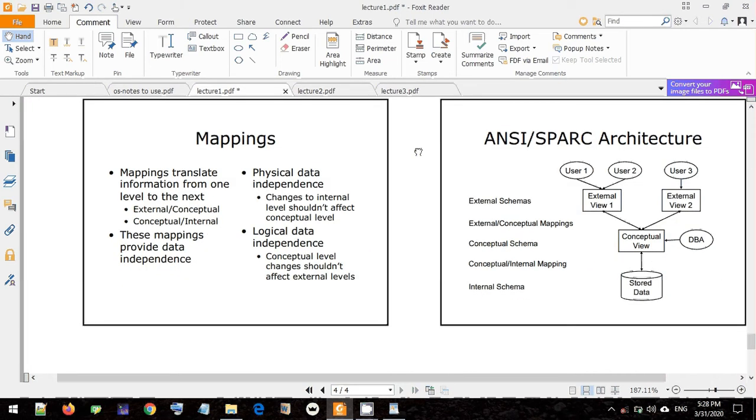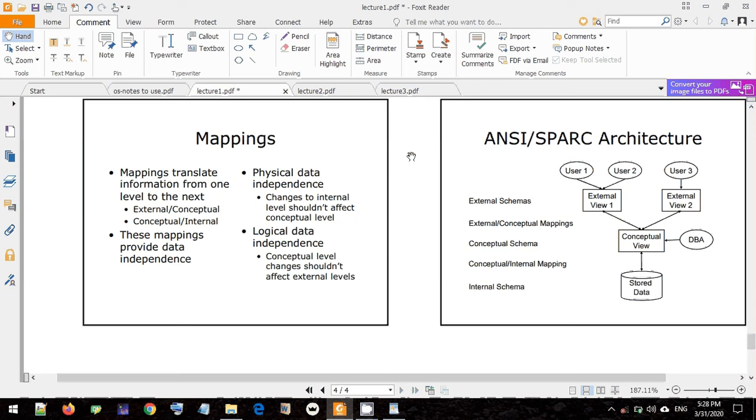Next, mappings. Mappings translate information from one level to the next. We could have a mapping such as external-conceptual mapping, conceptual-internal mapping. We shall look at it just briefly. These mappings provide what we know as data independence, and data independence comes in two levels. We have physical data independence and logical data independence.